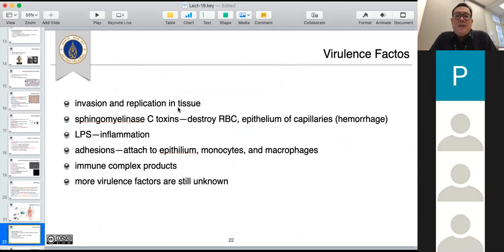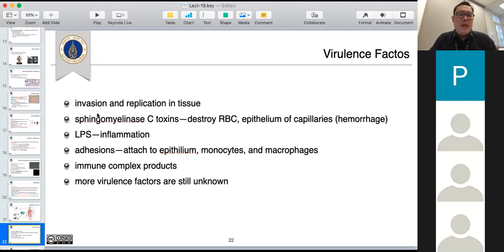The virulence factors of Leptospira, they possess so many things. Without any machinery, they invade the tissue of humans. If you still remember, bacteria can cause disease by 3 main mechanisms, right? Invasion, toxicity, and immunogenicity. These bacteria use all 3, okay?